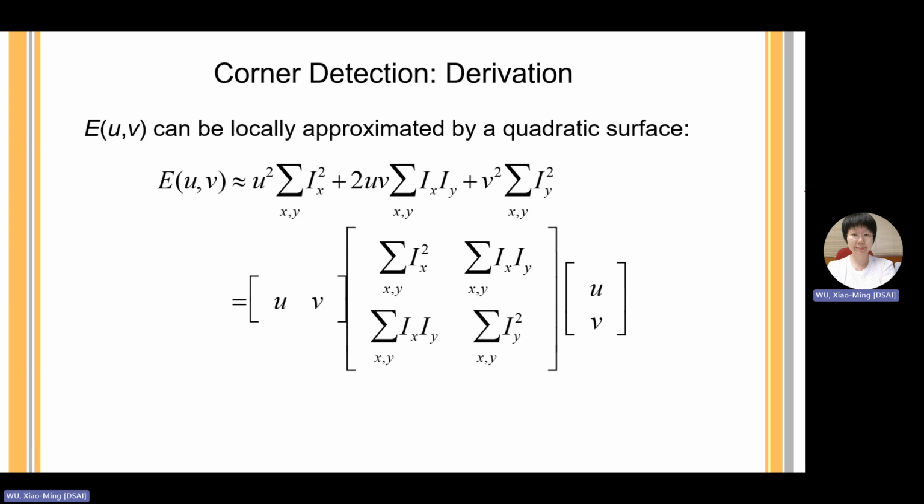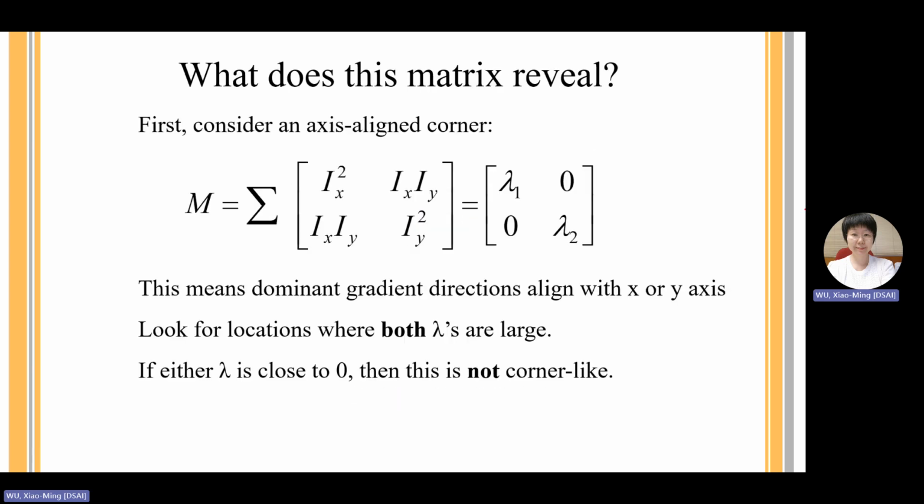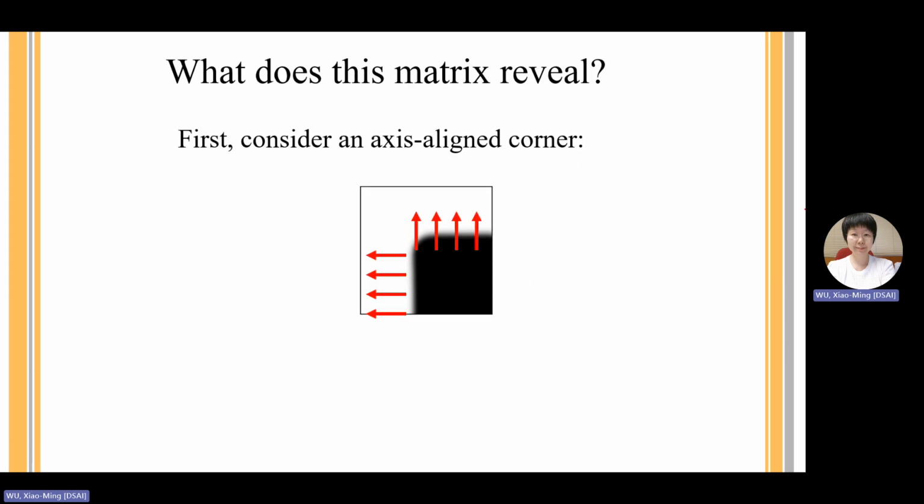Therefore, for this corner point, we call this a nice case because the edges of this corner are parallel with the image frame, the image boundary.